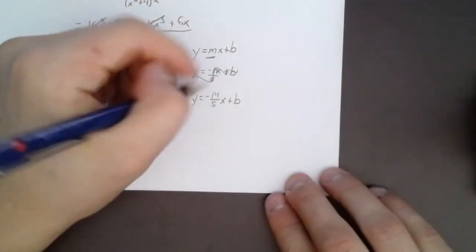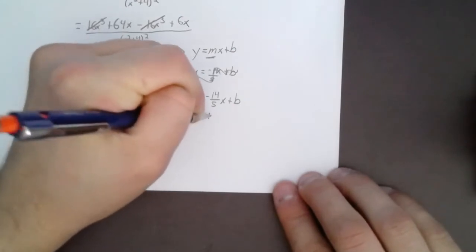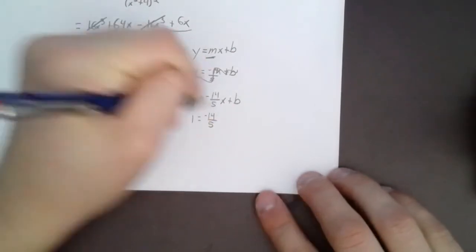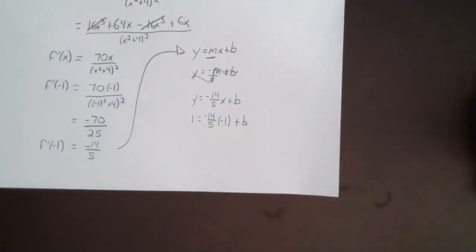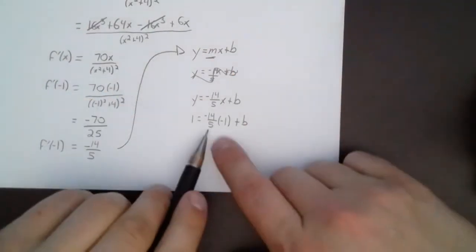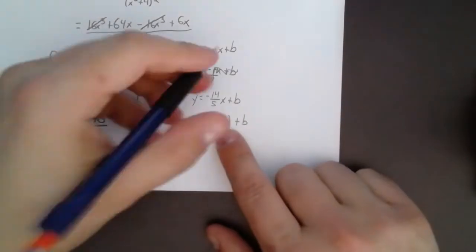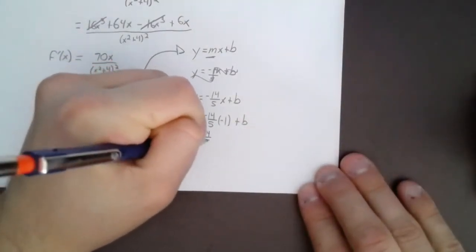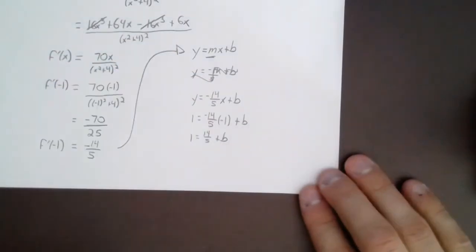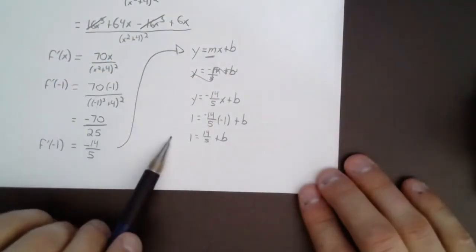So we're going to sub in 1 for y and negative 1 for x. We need to do this to find our b value. Negative 14 over 5 times negative 1 is just going to be 14 over 5, plus b. To solve for b, I need to bring this 14 over 5 over to this side.